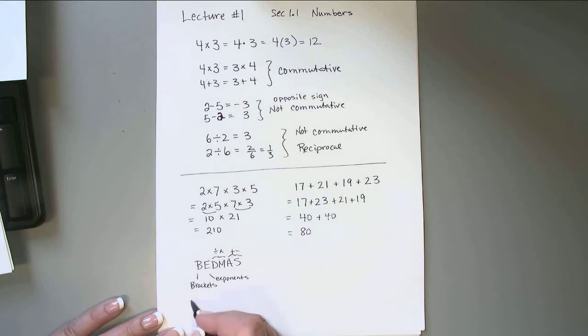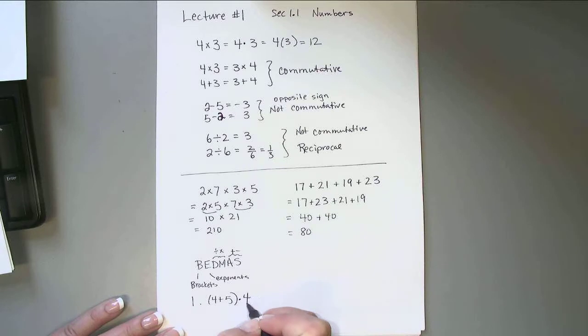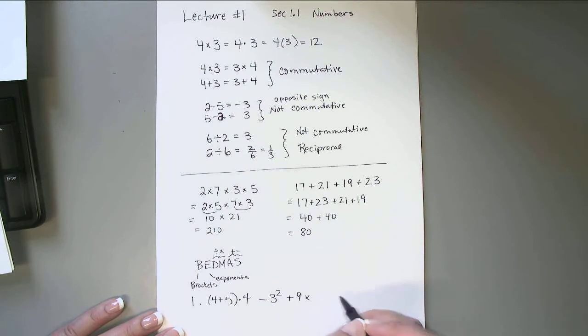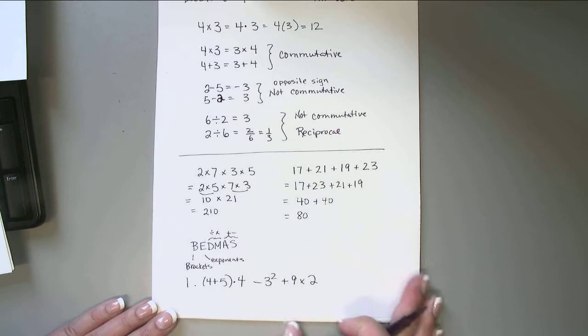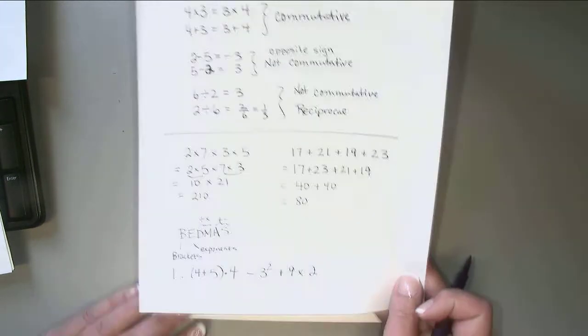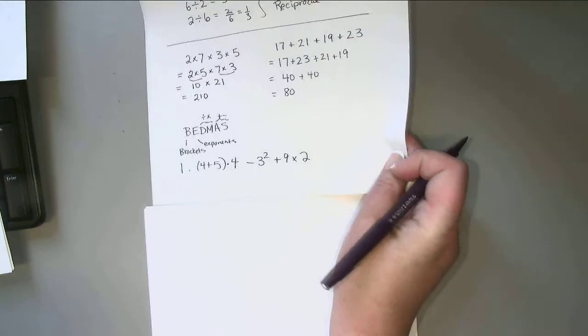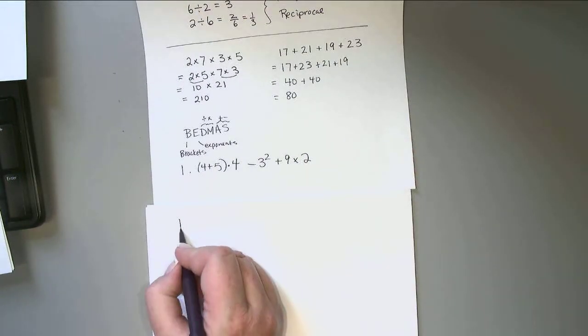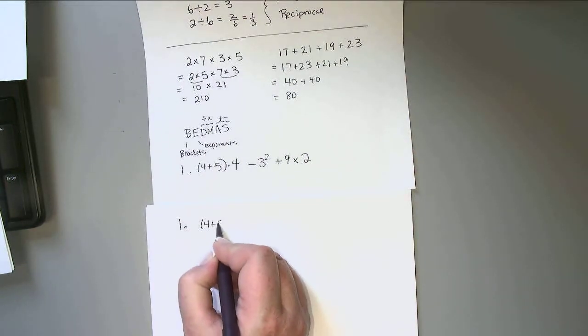So let's give an example. Okay, so here we go. If we did this using order of operations, actually let me just rewrite the question here on the new page, so we have room.